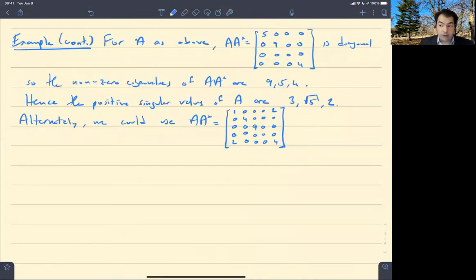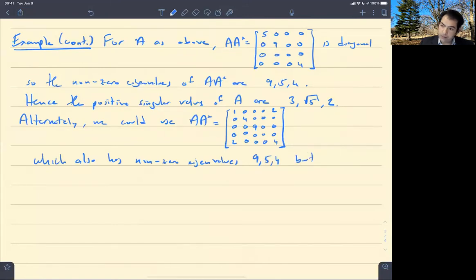And this is not diagonal. So it also has non-zero eigenvalues: nine, 5, 4, but this takes more computation.